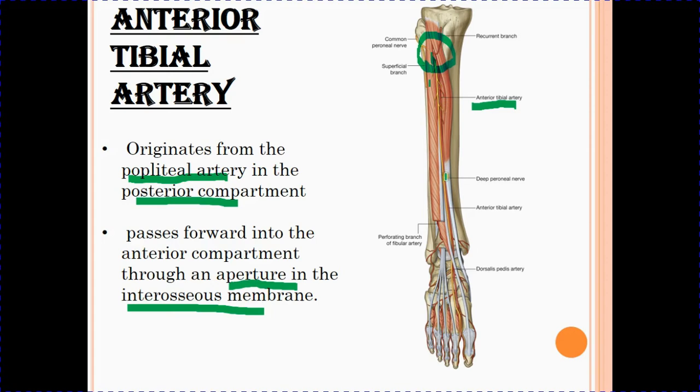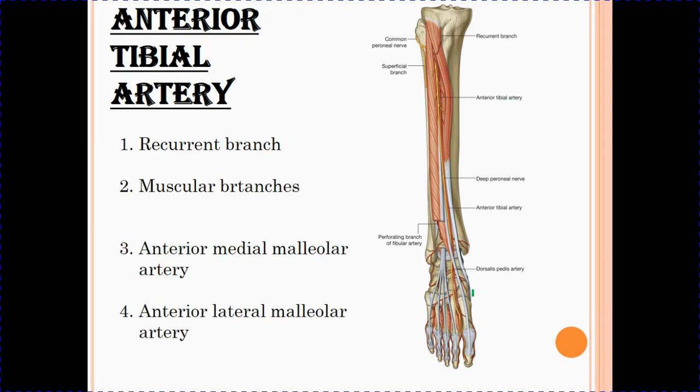It runs between the muscles and it gives off numerous branches over here. It gives off a recurrent branch which move towards the knee joint. It gives muscular branches.